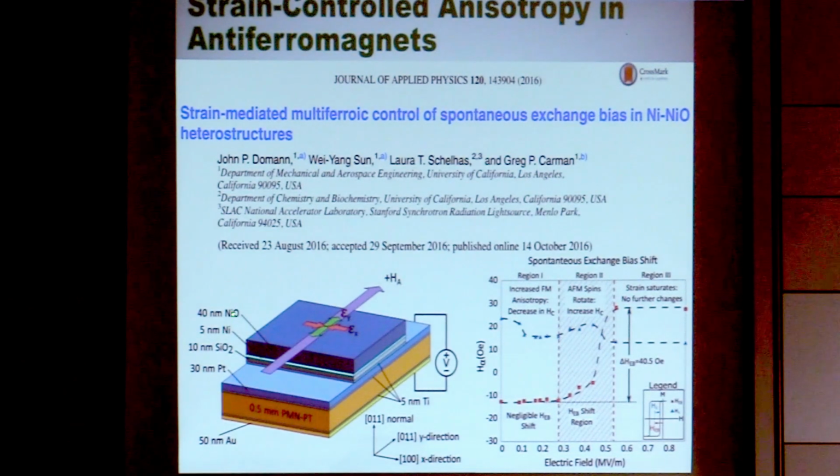They studied this nickel oxide bilayer exchange bias system. They concluded that in some piezoelectric strain regions, it's not really the rotation of the ferromagnetic spins, but, most importantly, the antiferromagnetic spins that rotate.